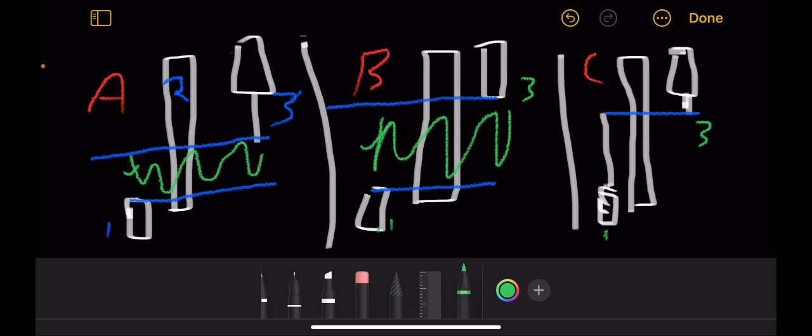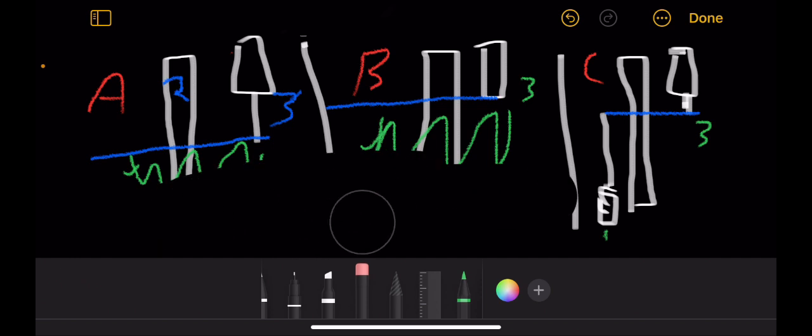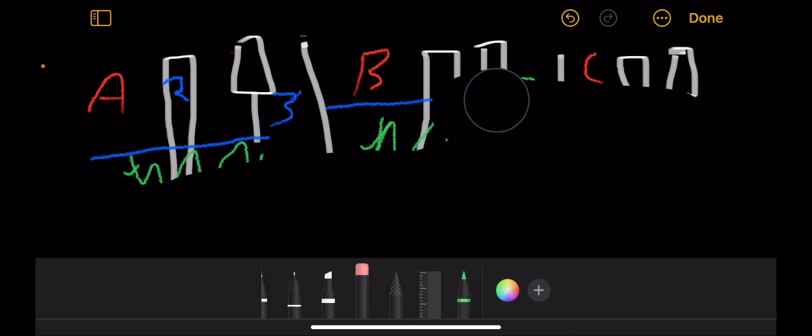Now, when it comes to trading, how do you trade the fair value gap? So real quick, I want to keep these videos under 10 minutes, probably over 10 minutes now.